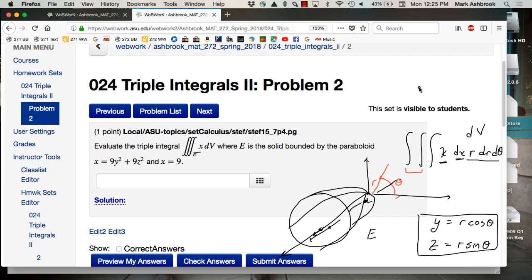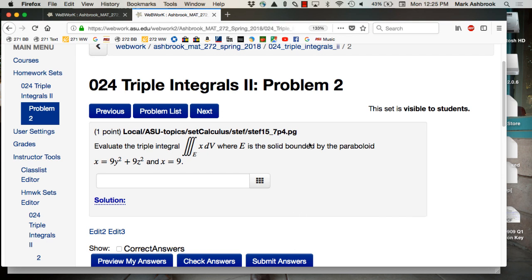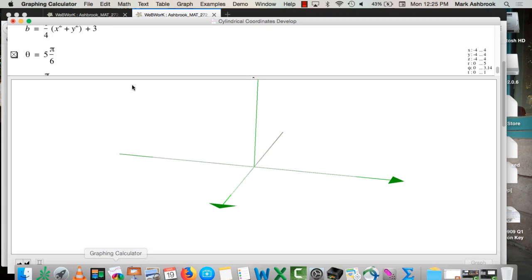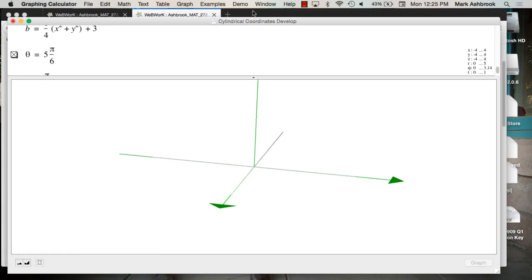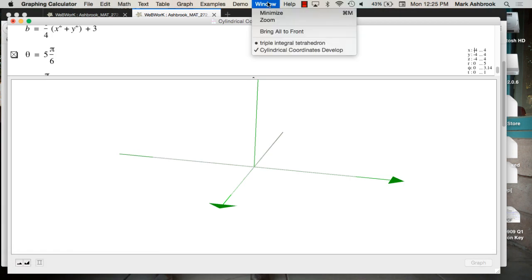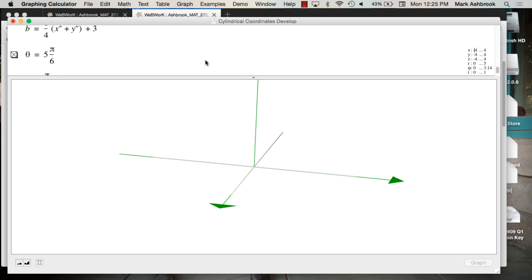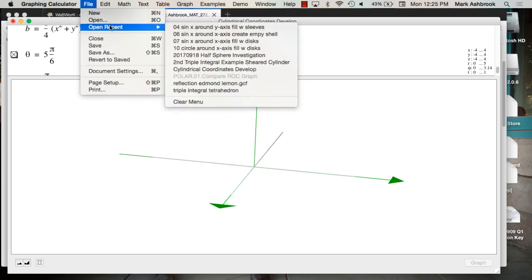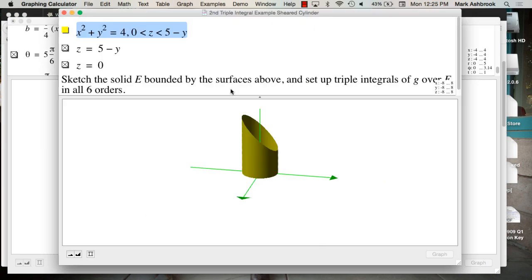Okay, so we need something. We'll do something easy and something hard. So easy, we'll do what we did last time, and that was the closed sheared cylinder. So this thing.